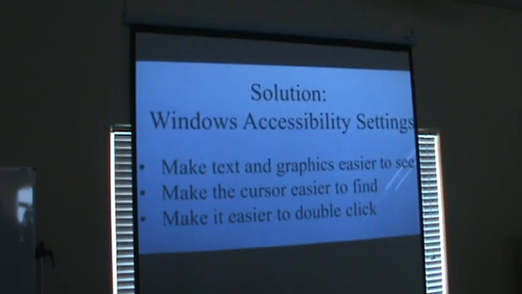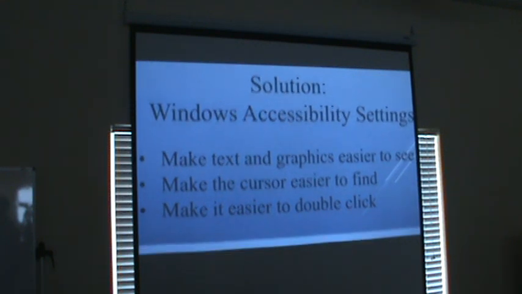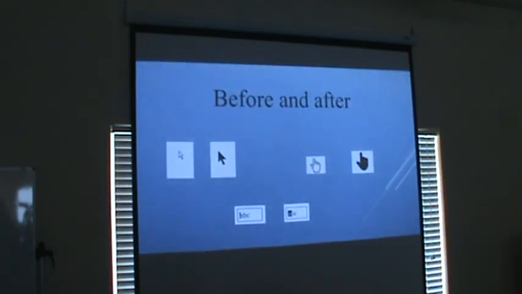So here's my solution: Windows accessibility settings to make the text and graphics easier to see, the cursor easier to find, and easier to double click. And I also wanted to give you an example of the before and after. I think this is pretty much self-explanatory. Notice that this little white cursor is not as easy to spot as that big black one.